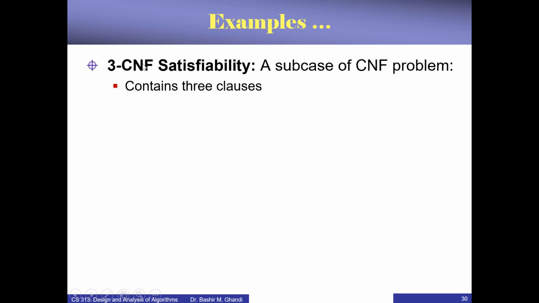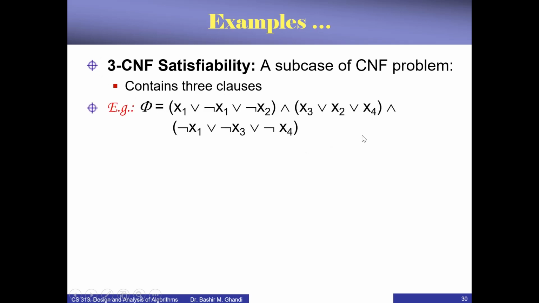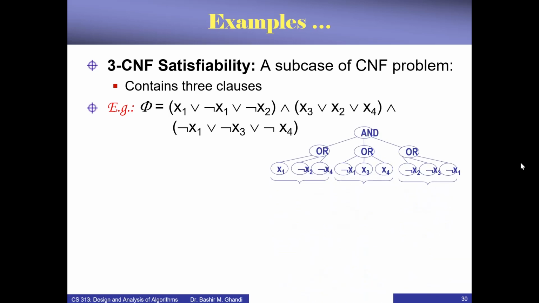Now 3CNF satisfiability is a subcase of the CNF problem, where each clause contains only three literals. This is where the three comes from. This is an example. Phi is equal to one clause and another clause and another clause. So 3CNF is a special case of CNF. And another bad news, 3CNF is NP-complete. This is an example of how to represent this diagrammatically.